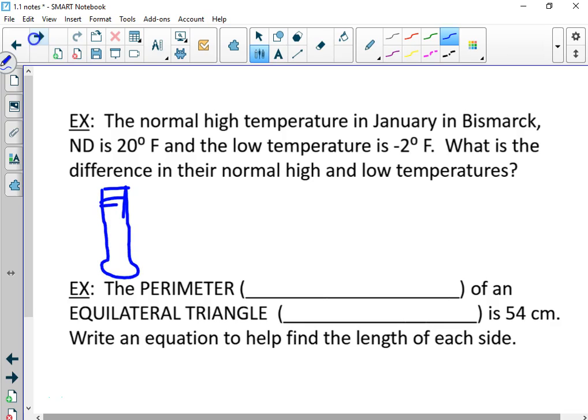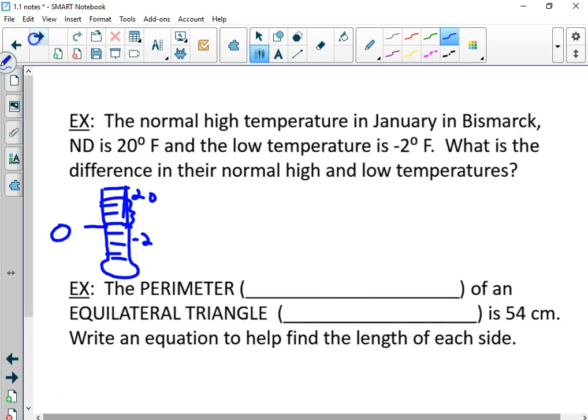So we got the temperature reading like this, right? That little bulb fills up with red stuff or mercury. Okay? So let's think about where 20 would be and -2. So let's say 0 is right here. 20 is going to be up here somewhere. -2 is down here. So how far is it from here to 0? 20.